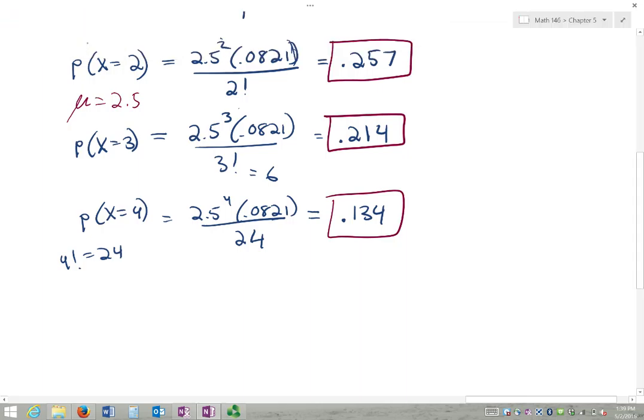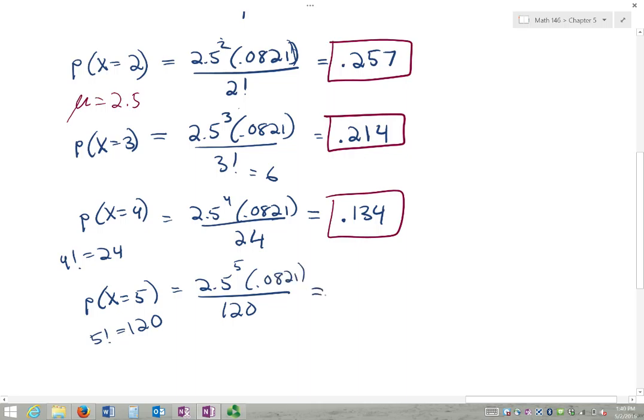And we'll do 2 more of these. So 2.5 to the fifth. 5 factorial, in this case 24 times 5, comes to 120. And this becomes 0.067.